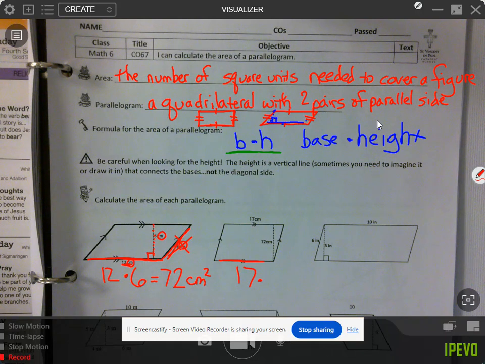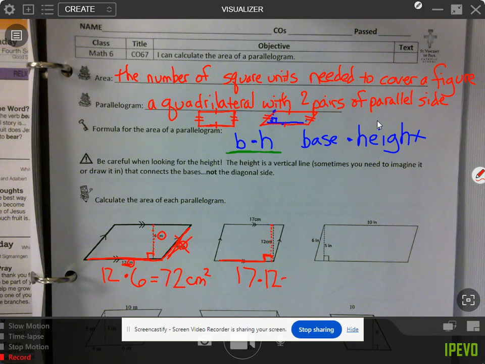What is my height? Layla? 12. Because we can see that dotted line going from one base down to the other base, there would be a right angle right here. They don't have to write that right angle in. But that dotted line going straight up and down tells us that that's the height.